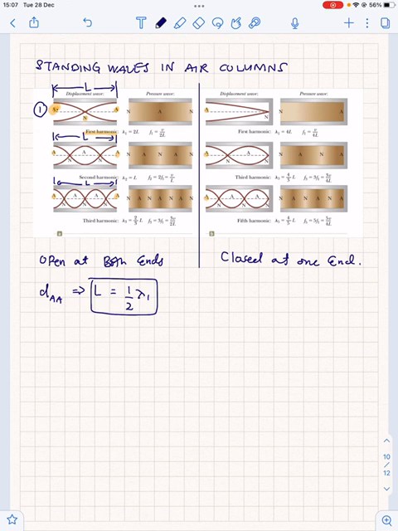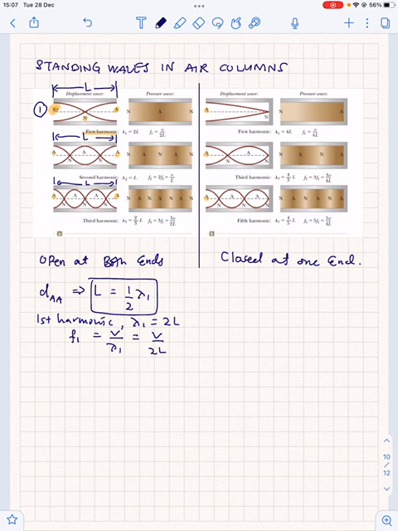So in our case, for the first harmonic, lambda 1 will be equal to 2L. And our frequency, same as before, F1 equals V over lambda 1, so F1 equals V over 2L.